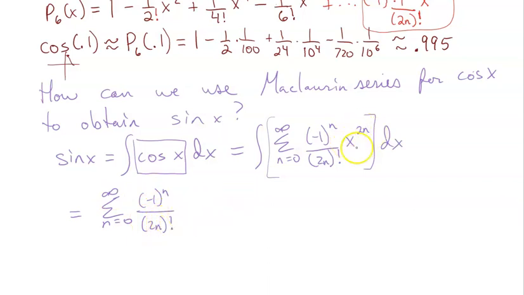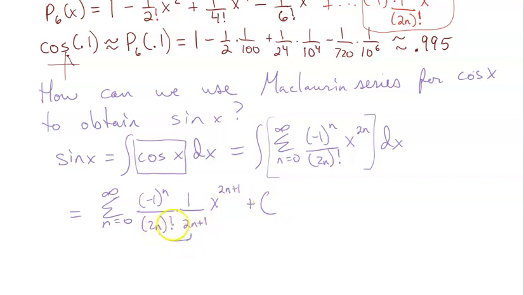And then the antiderivative of this part is going to be x to the 2n plus 1, divided by 2n plus 1, or times 1 over 2n plus 1. Move that over a little bit. And then plus c. We do need to address the c situation, but also I'm going to combine these two things.